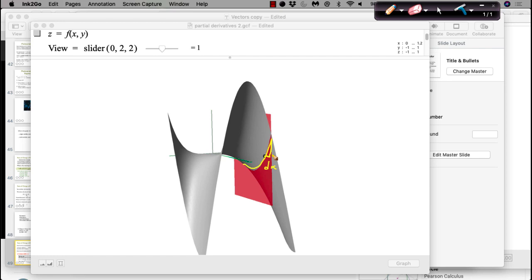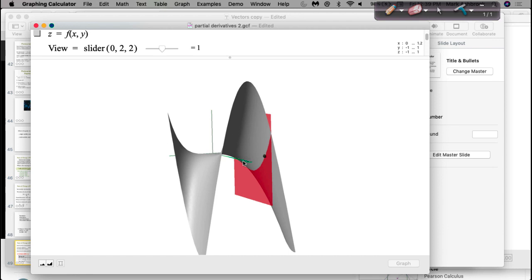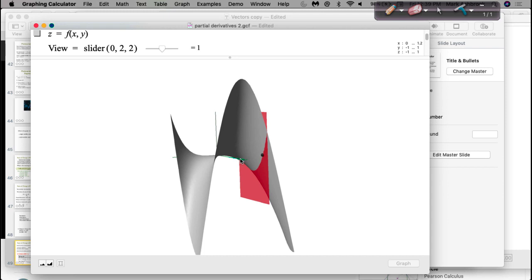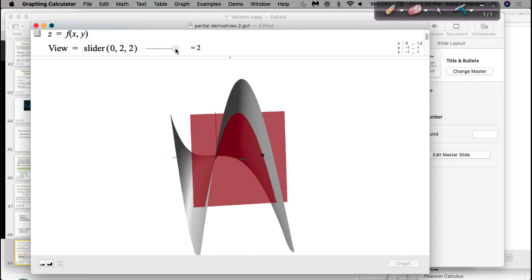What are we going to expect to see if we hold x constant? Based on the number that we got, what did we get for the rate of change? Negative 3.5. So for a change in y, what will z do? It'll go down at a rate of 3.5 times as much as whatever you pick for your change in y.